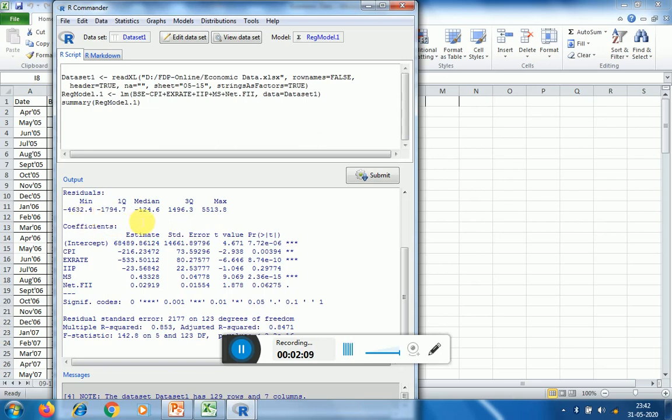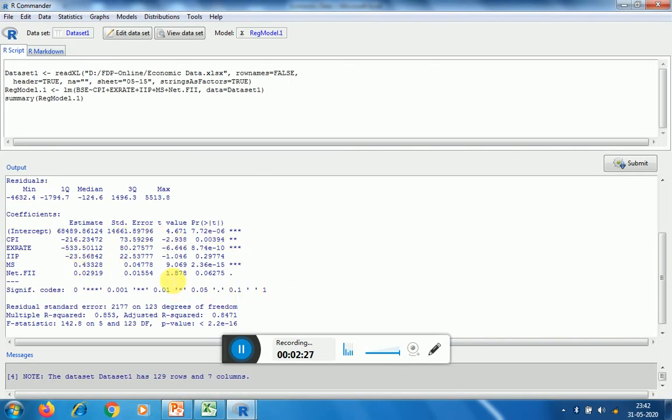Now here is the descriptive statistics: minimum, maximum, first quartile, third quartile, median, etc. Now here we can see that in this regression output, wherein we have incorporated 5 variables, the intercept is significant, CPI is significant, exchange rate is significant, IIP is not significant, then MS, that is money supply, is significant, and net FII is also significant.